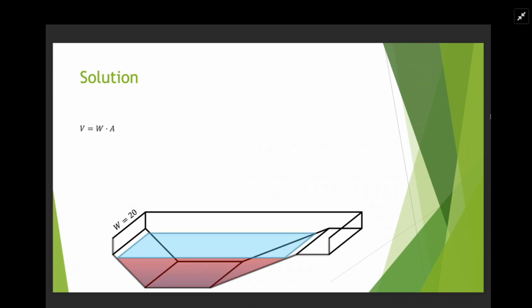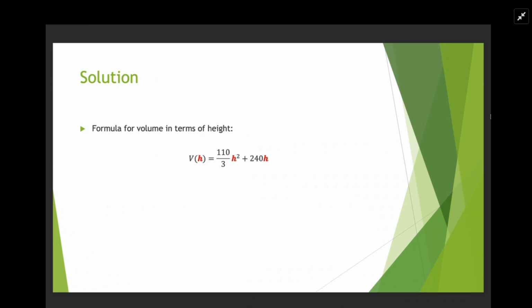Now we build our formula for volume, which is width times area. The water's width is 20 feet, and its area is 11/6 h squared plus 12h, which simplifies to 110/3 h squared plus 240h. So, we've built our formula for volume in terms of height, V of h.